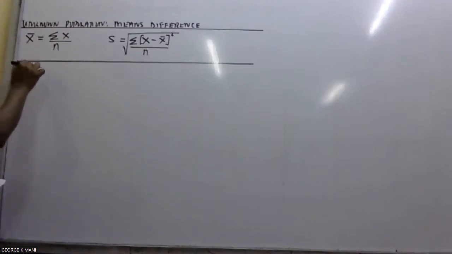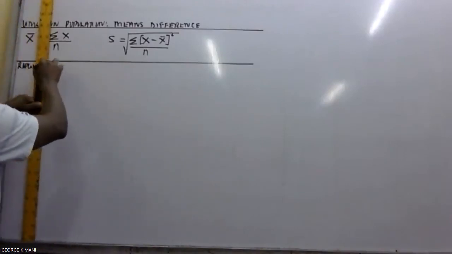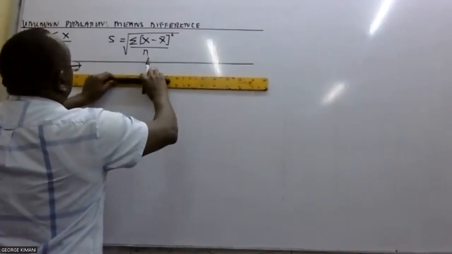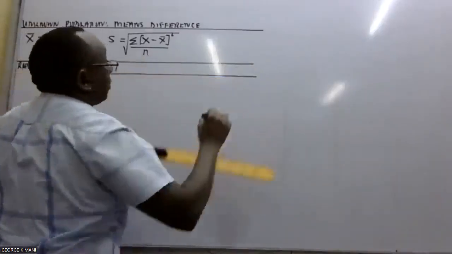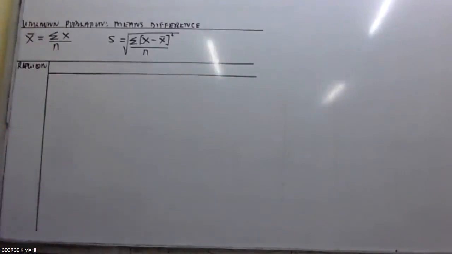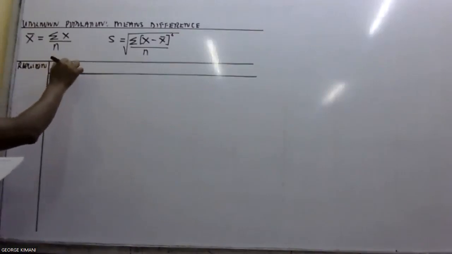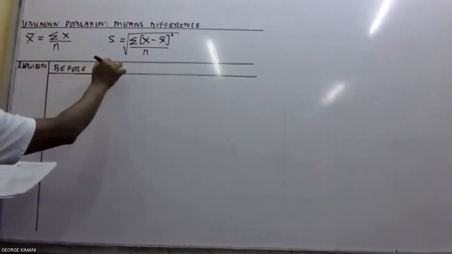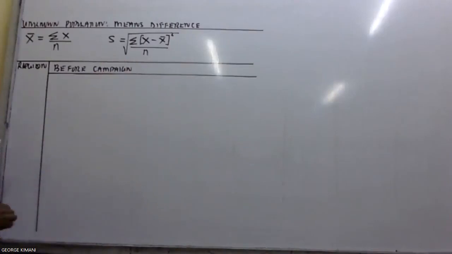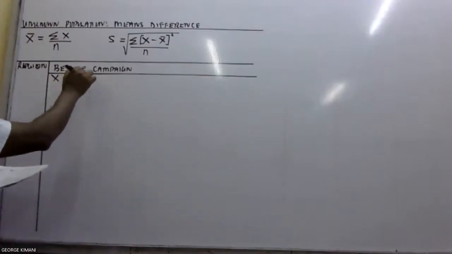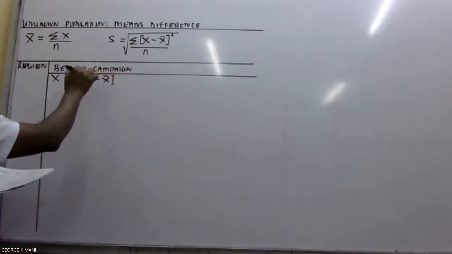So before campaign, we have the values of x, and then we will need x minus x bar squared.